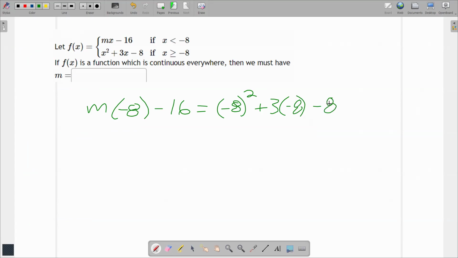And if I clean that up, out will pop what m has to be to make that work. Solve for m.